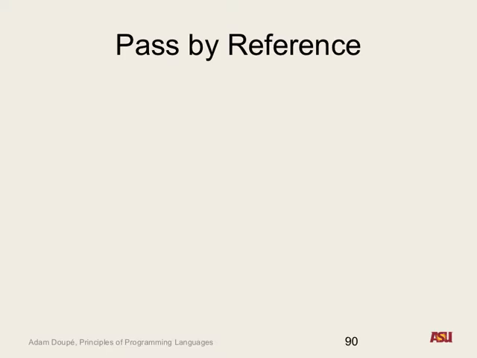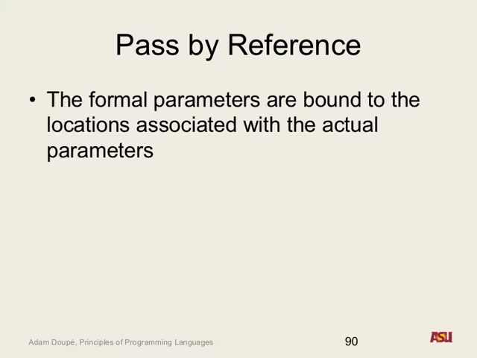Okay, so with pass by reference, this is a completely different way to think about this. Instead of passing a value or copying that value in there, I want the formal parameters of the function to be bound to the locations associated with the actual parameters. So this goes back to box circle diagrams, bindings.